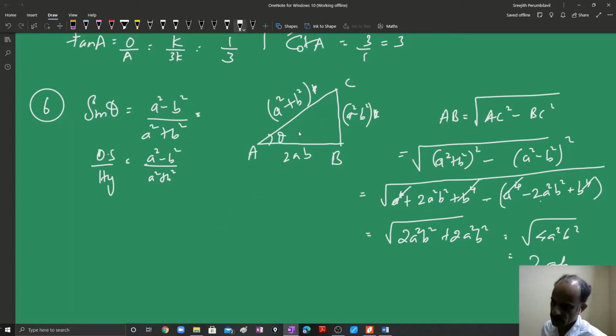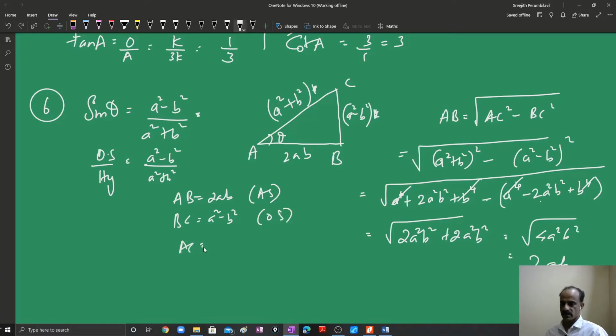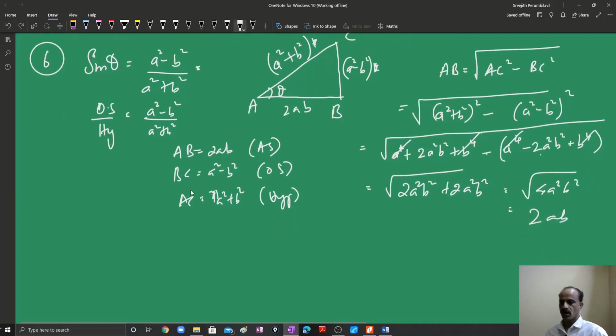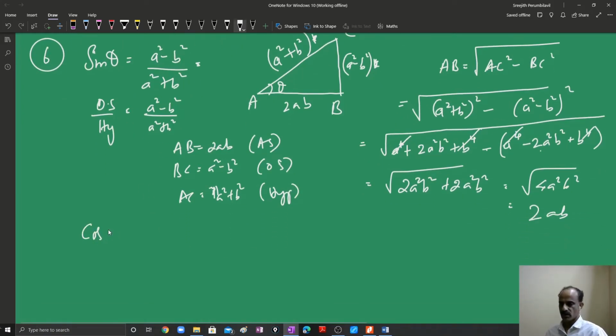So, you got all the sides. Measurement AB is equal to 2ab and that is the adjacent side. Now, BC is equal to a square minus b square, that is the opposite side, and AC is the hypotenuse, that is a square plus b square. From this we can find out all the remaining. First one is cos theta, that is adjacent side divided by hypotenuse. You write the steps in detail, I am just telling the next ones.